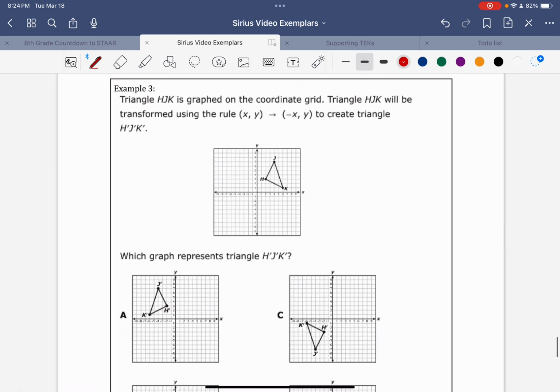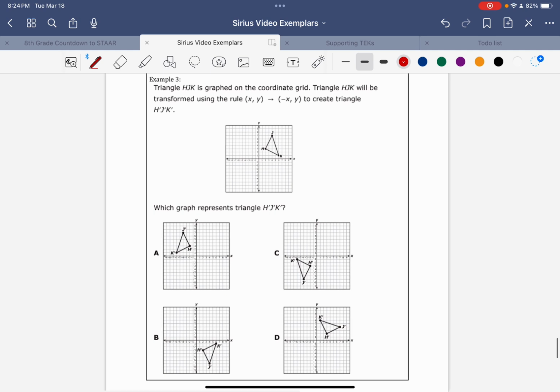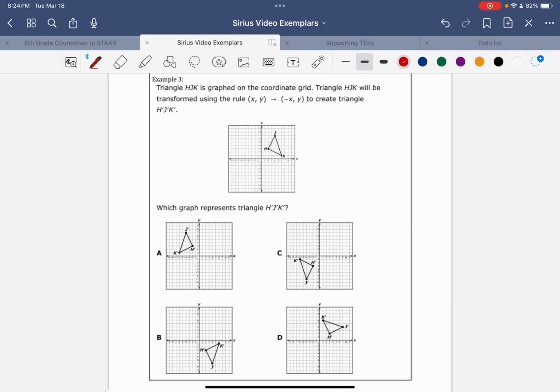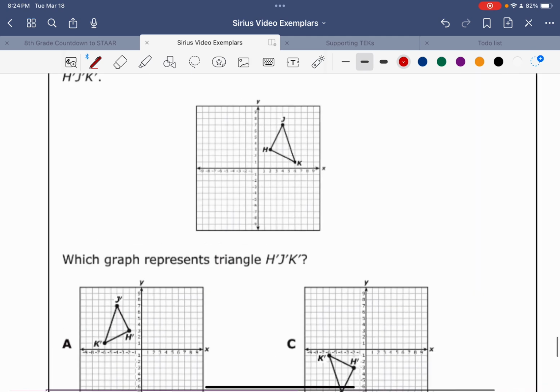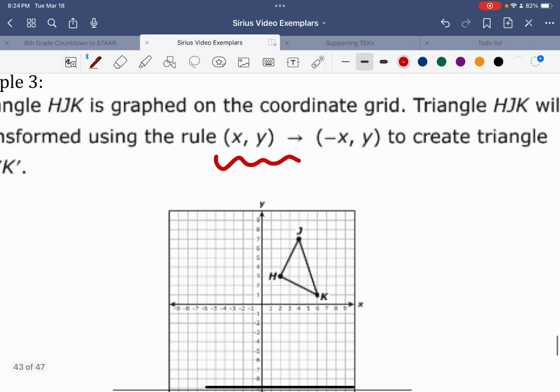Example number 3, they do give you 4 different coordinate planes as your answer choices. Same thing, you have to read and identify the transformation. Triangle HJK is graphed on the coordinate grid and will be transformed using the rule (x, y) changes to opposite x and y. Okay, so if you know this, corresponding to the chart that we know, which one locked, which one stayed the same, y.